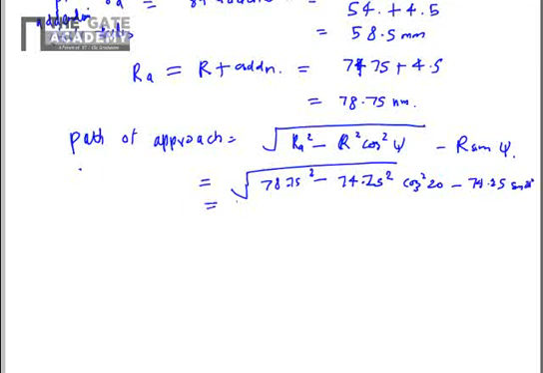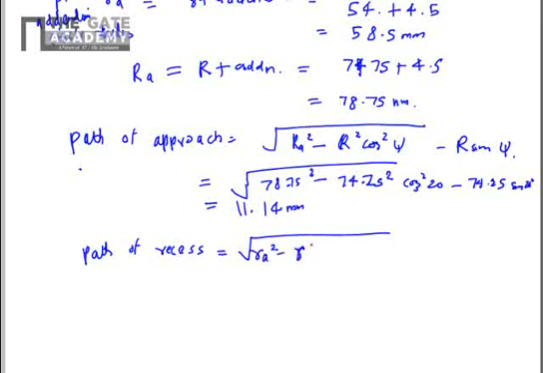If you do the calculation, it will come around 11.14 mm. Similarly, the path of recess, the quantity PB in our diagrams, is determined from the pinion. The similar formula is square root of Ra square minus small r square cos square xi, minus small r sin xi. If you put the values for Ra and r and do the calculation, you find a value of 10.67 mm.